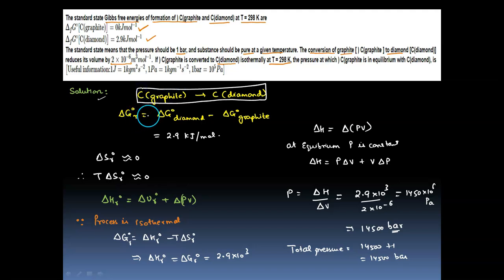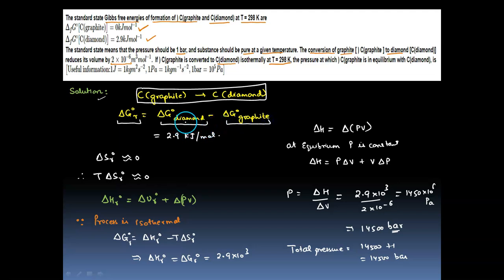Now if we have to write delta G, the standard Gibbs free energy change for this transition reaction, it will be the Gibbs free energy for diamond minus Gibbs free energy for graphite at that particular temperature.